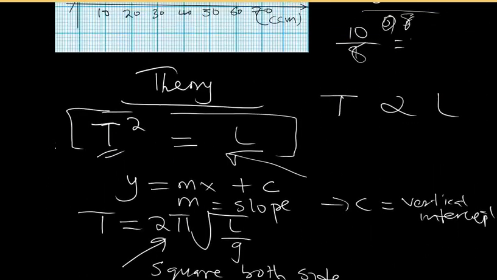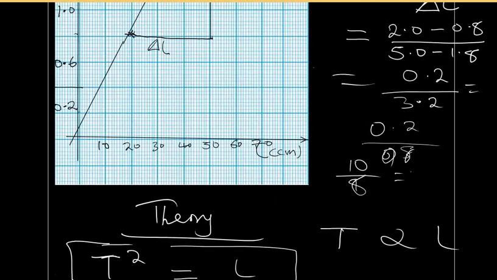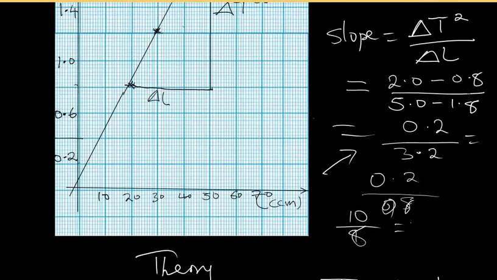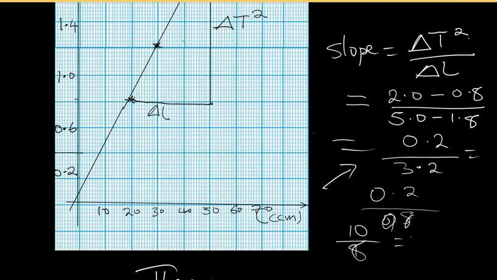Now this value we need to convert, because what we use in our slope here is seconds, which is the SI unit, but the length we use is in cm, so the length needs to be converted to meter.